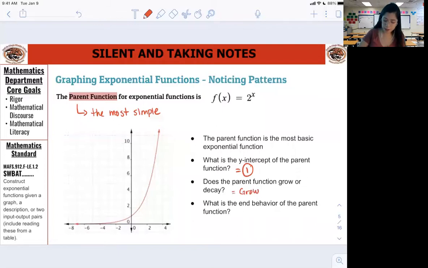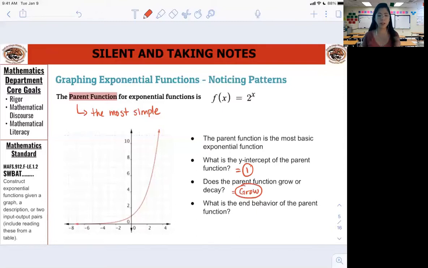So the reason that we call this the parent function is because the y-intercept is 1, which is the most simple number you can think of, right? 1 is very simple, very easy to remember. And it's growing, so it's going up towards infinity. You can kind of think of it like the A+ student in the classroom. This is the most simple, most basic, easy to understand type of function for exponential functions.